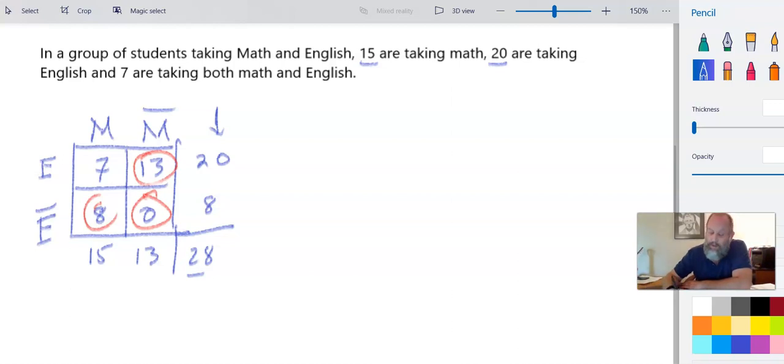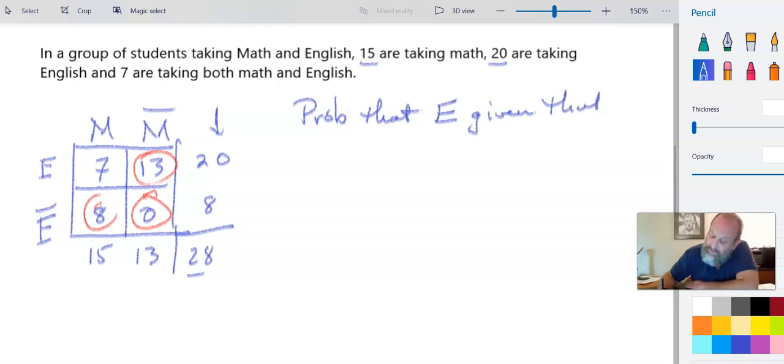If I want the probability that they're taking English, given that they are in a math class, right?